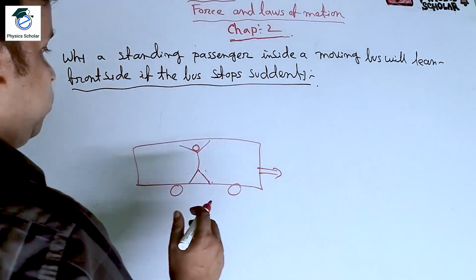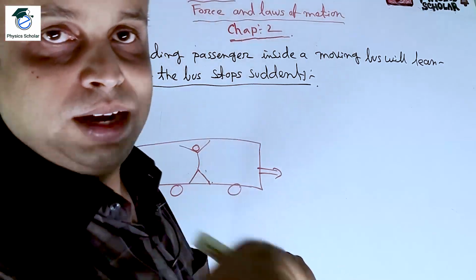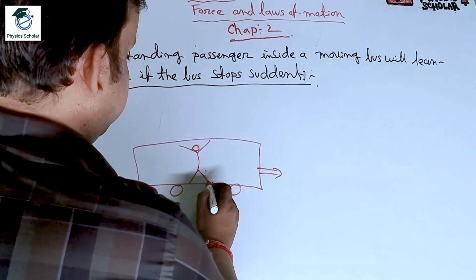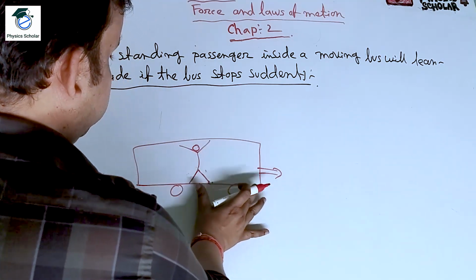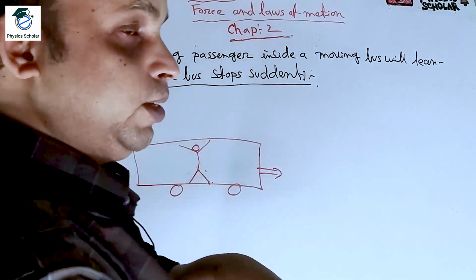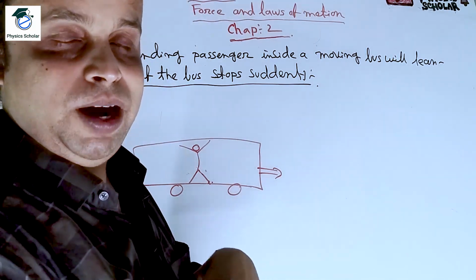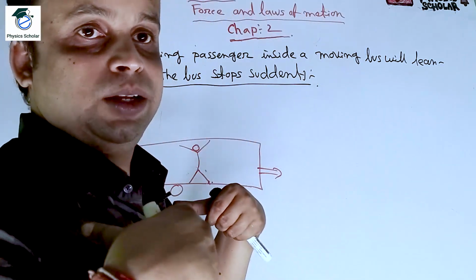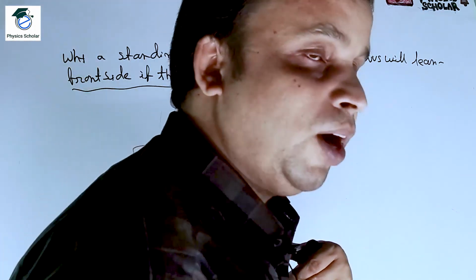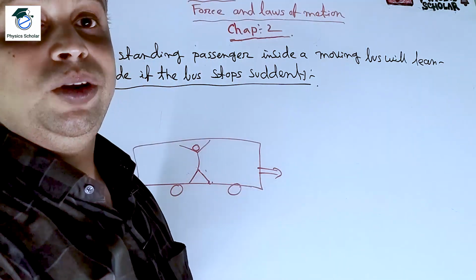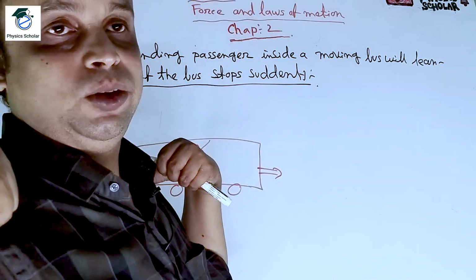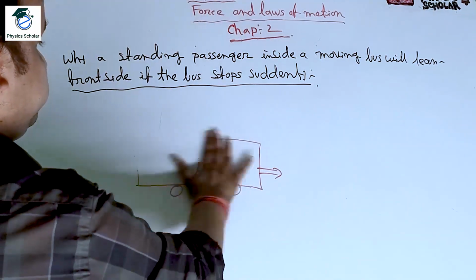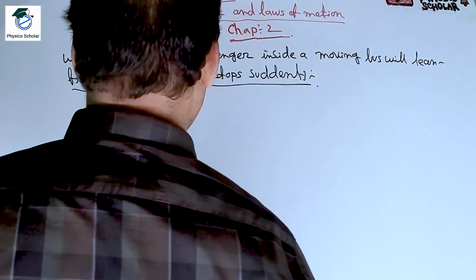Now suppose the bus suddenly applies the brake and stops. Then the bus will stop, and the leg touching the floor of the bus will also stop, but due to the inertia of motion, the upper portion of the body tries to continue its motion. So it will lean in the forward direction, or we will experience a force as if someone is pushing us forward. That is also a pseudo force. This is due to the property of inertia of motion.